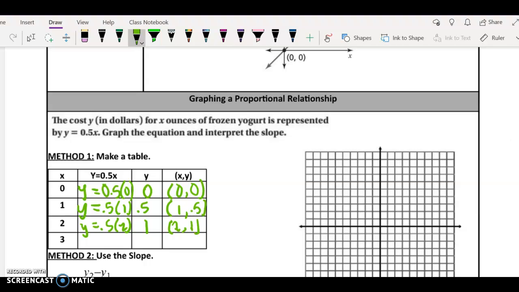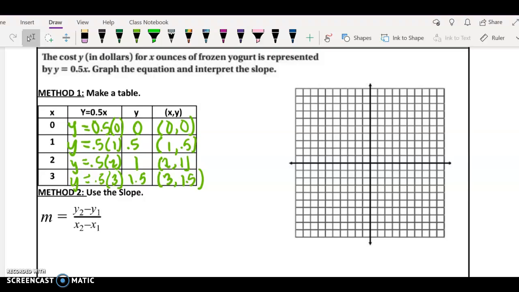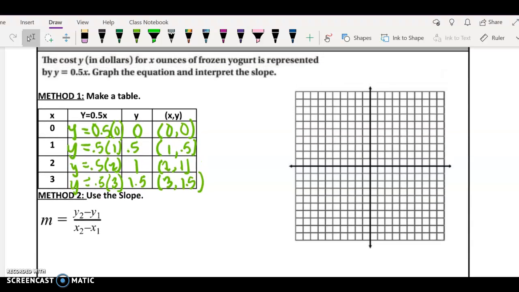And then when I plug in a 3, so y equals 0.5 times 3, I get 1.5. So my point is 3, 1.5.